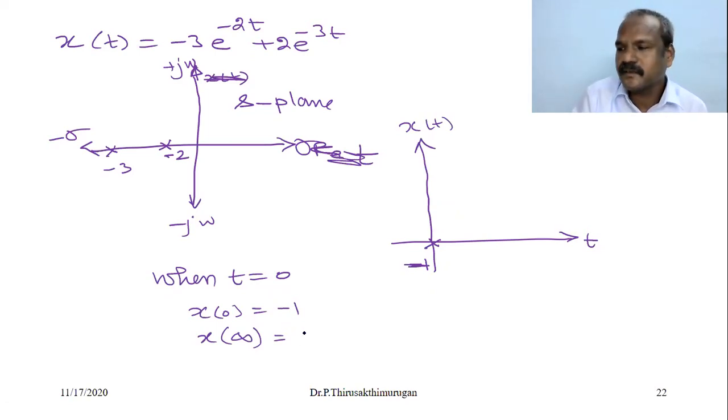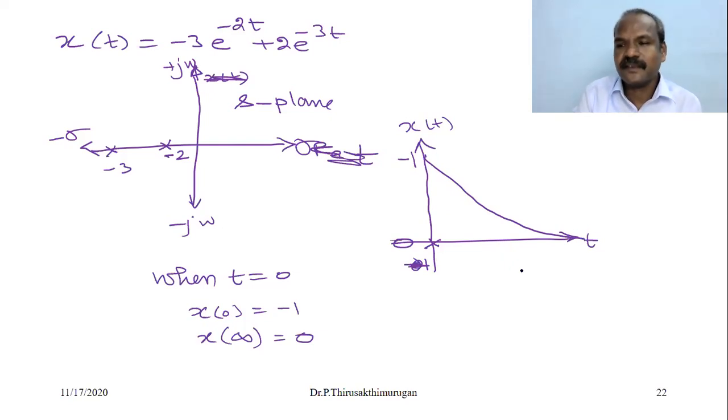It falls from minus 1 towards 0. So this is 0, this is minus 1. This represents the overdamped system.